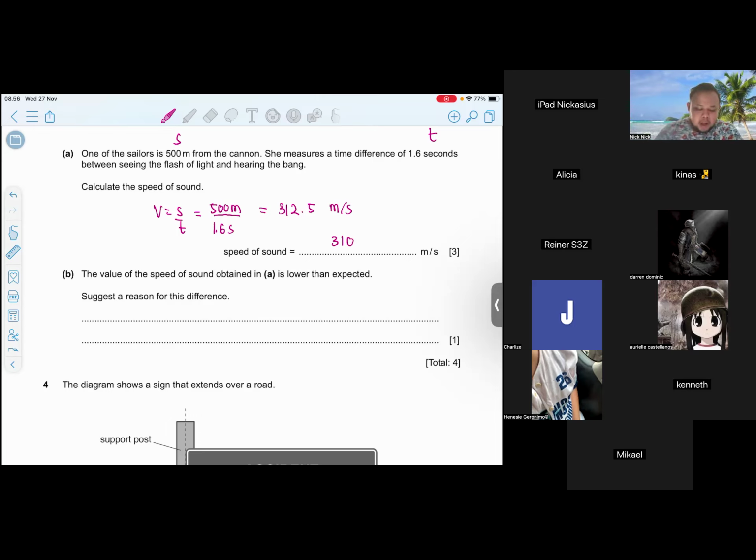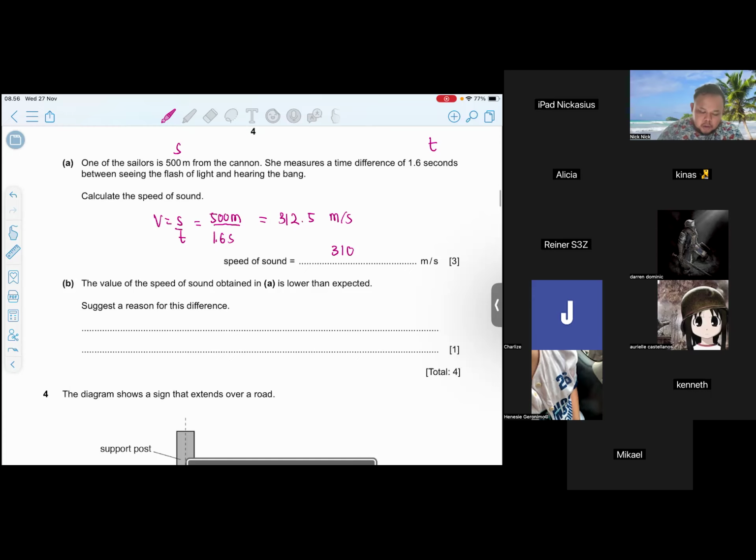It means the wind disturbs the sound as it travels. So a reason for this difference is it's probably windy, because the sound travels through the air particles, and the wind disturbs how the sound propagates.